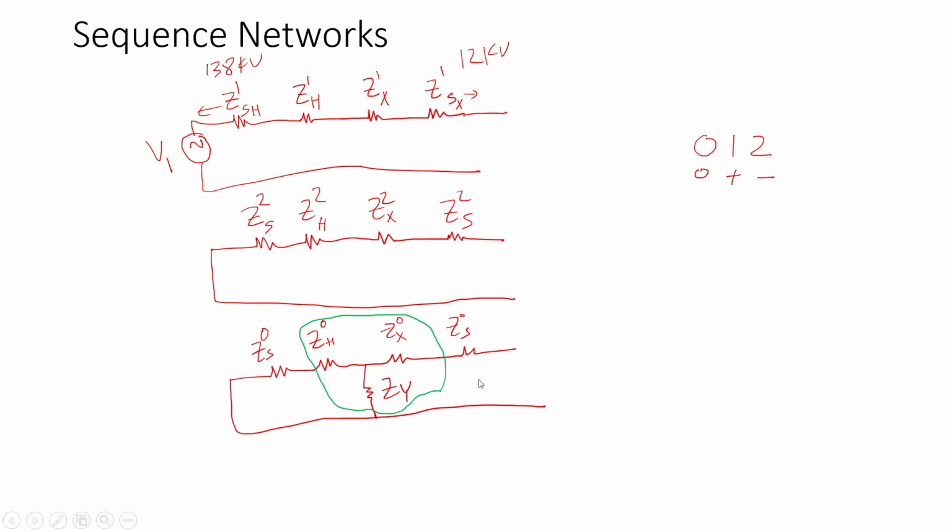The way you connect these sequence networks, in a different color, is you take the neutral of this side and connect it to this side.